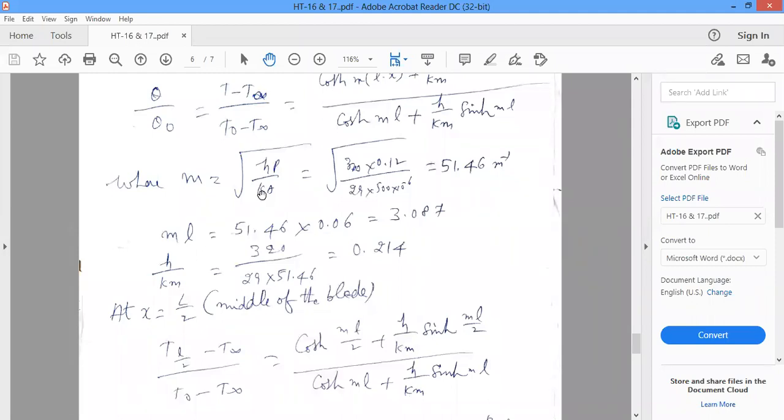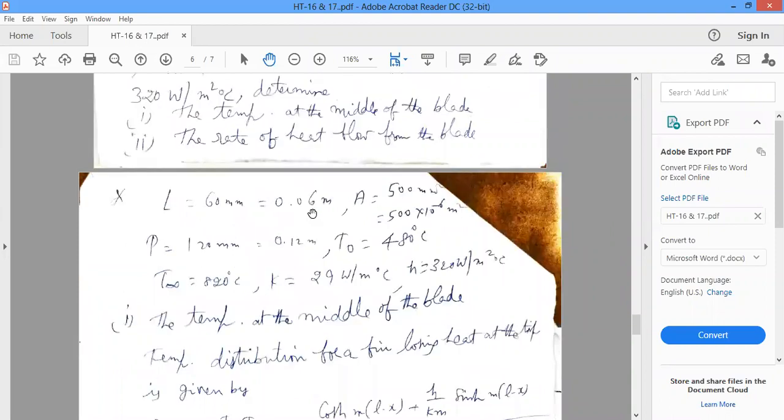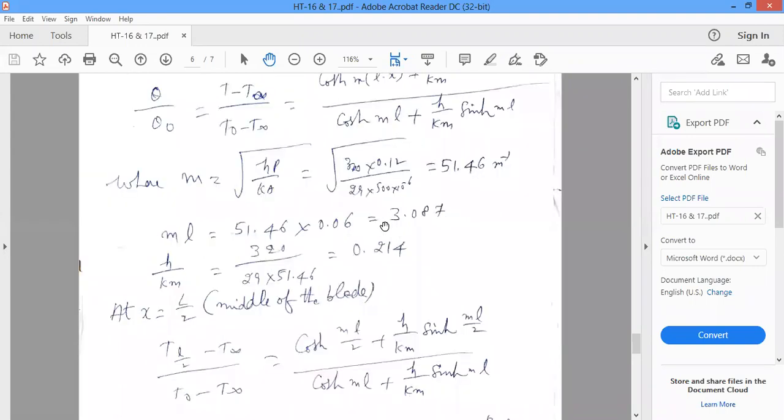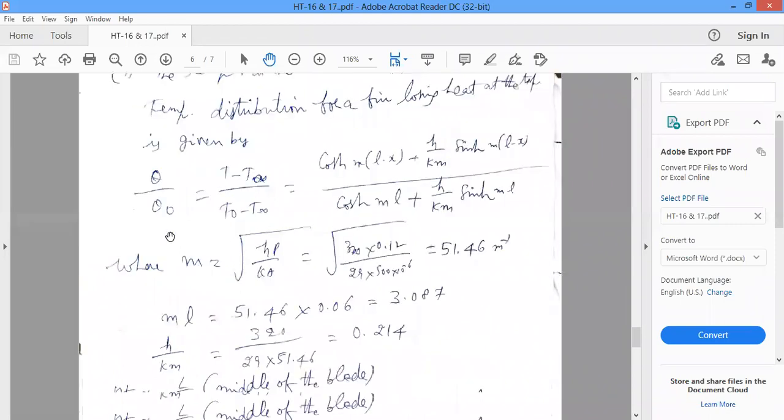Length of the fin, short fin, here you can take 60 mm short fin, 0.06 meters. Then you'll be getting ml value as 3.087, because here h by km is there. That's why you can calculate h by km also.